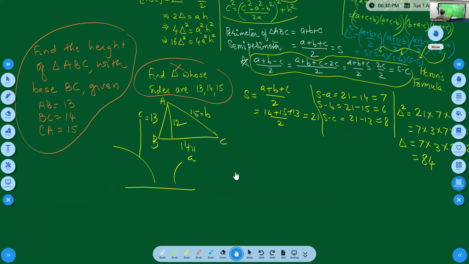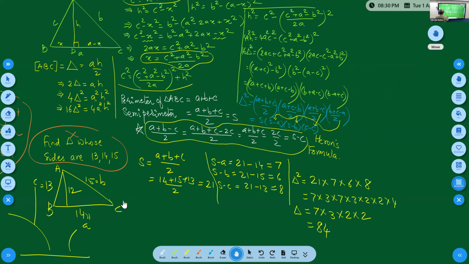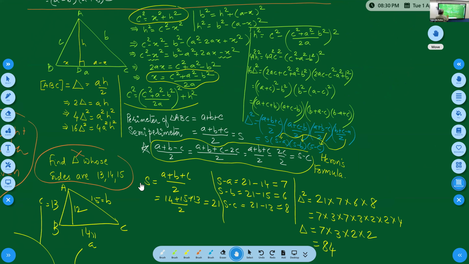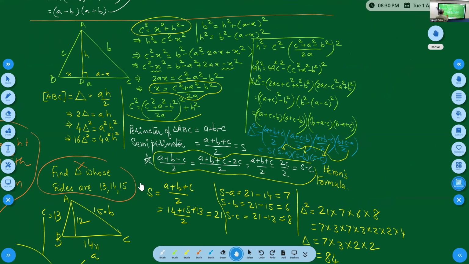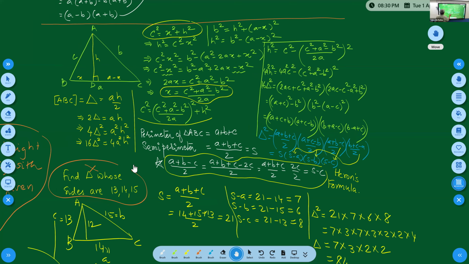Now, normally when I do this proof with students and I want them to learn this proof in one go, not at home, in the class itself, the trick which I use is I ask them to close their notebooks and keep the pens down. Just look at what I am doing.